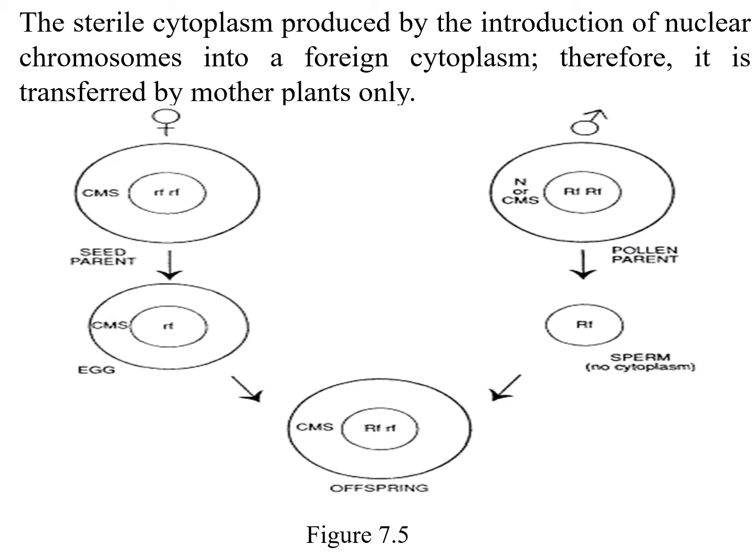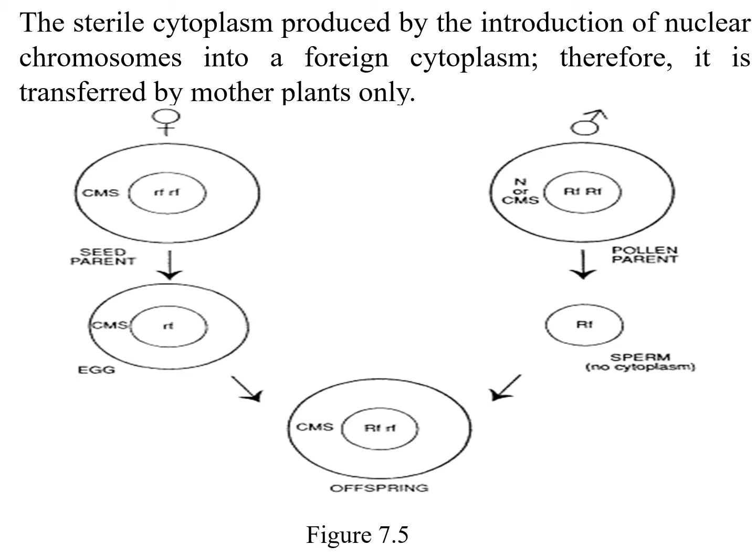Usually it's produced by inducing or introducing a foreign nucleus into a cytoplasm. And because it is a cytoplasmic effect, it is only transferred by mother plants. This figure here shows you how this transfer works. If we have CMS with RF small in the ovule, and CMS with RF capital, then the pollen will be RF capital.